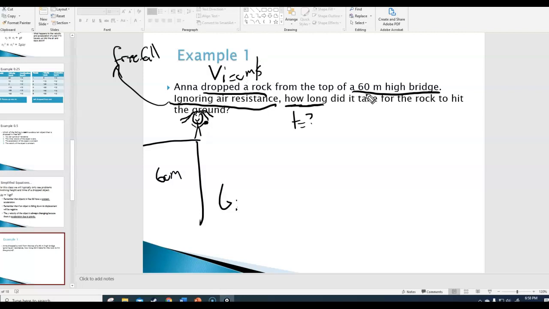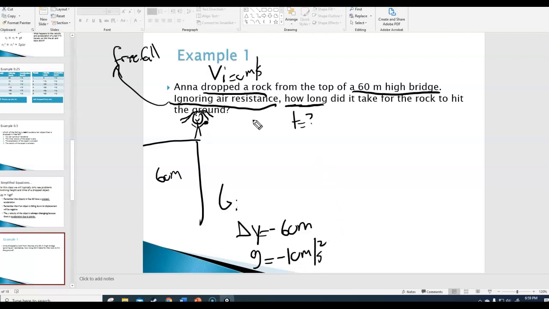If it's being dropped off of a 60-meter high bridge, that means that it's going to fall 60 meters. Okay, and so my vertical displacement, my delta y, is going to be 60 meters, but it's a negative 60 meters because it's falling down. Okay, now also you always have g for objects in free fall, that's negative 10 meters per second squared.